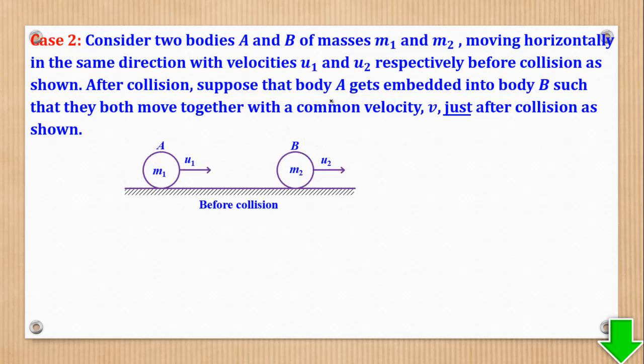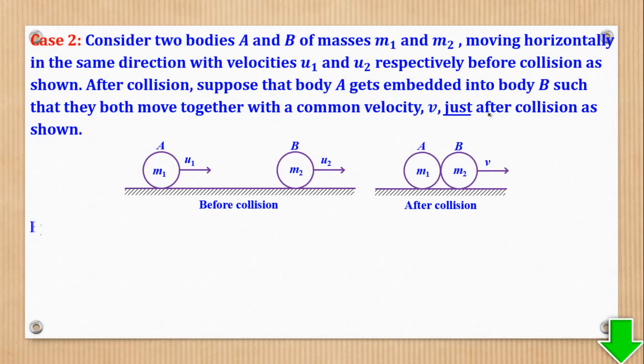After collision, A gets embedded into B so that they move together with a common velocity v just after collision. So that's the second type of collision, known as inelastic. In this case, they stick together and move with a common velocity v.